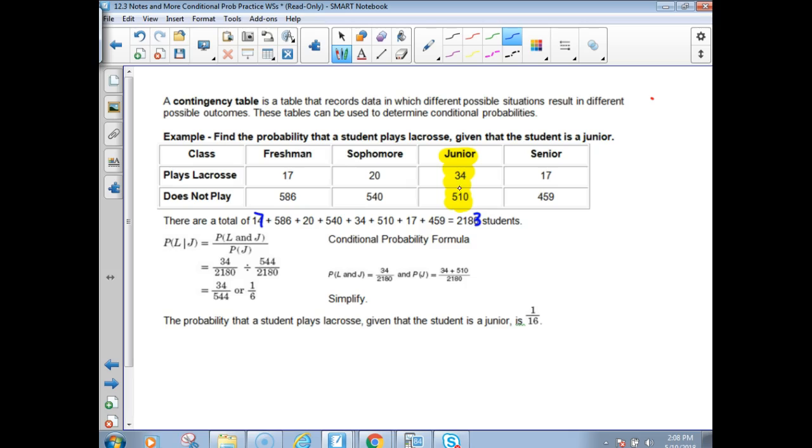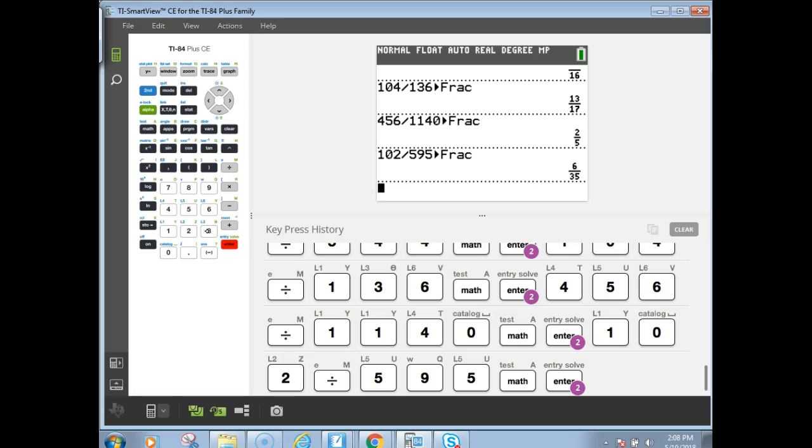There are 544. Okay, 544. And then it says the probability that they play lacrosse. So that would be 34 out of 544. Then we would reduce it, and you've got a calculator that can reduce for you.